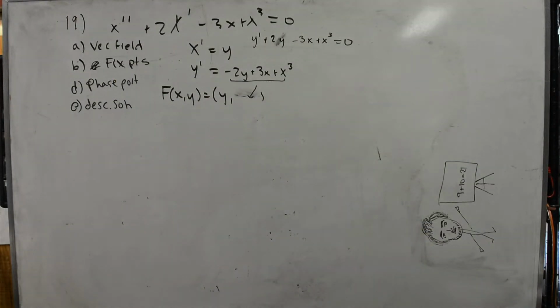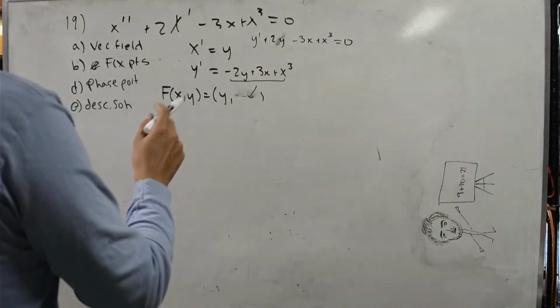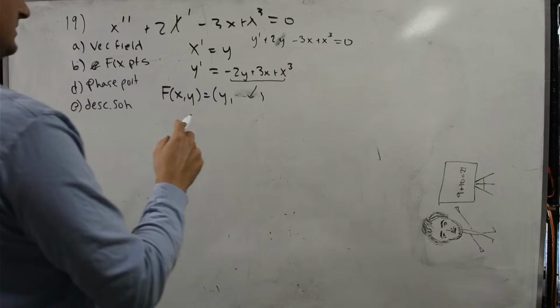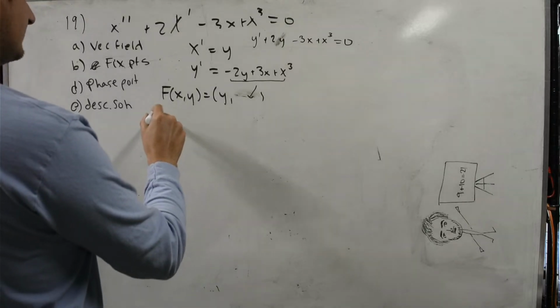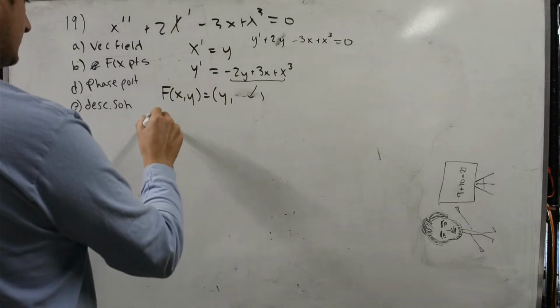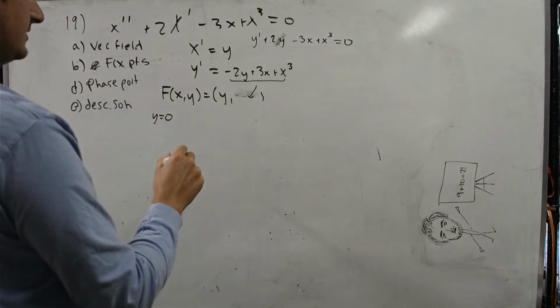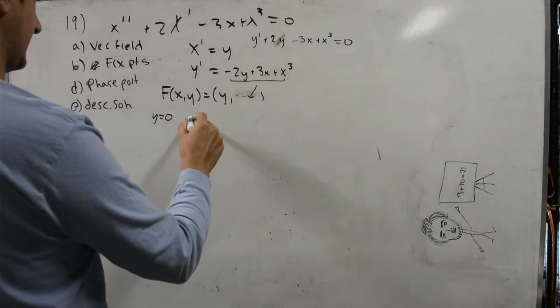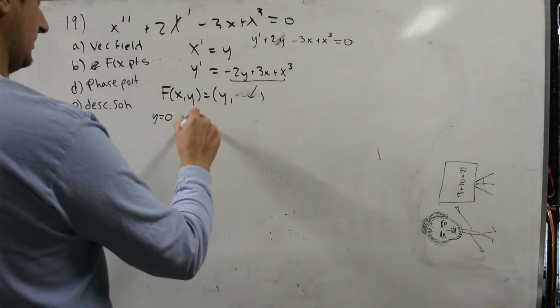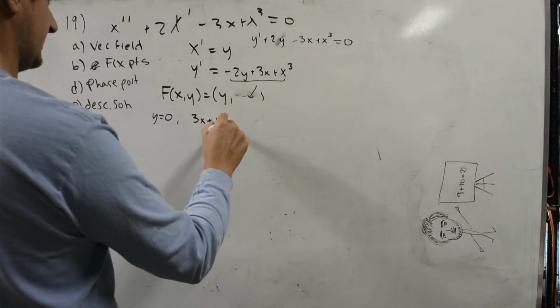Can anyone actually read that? Maybe I should do... All right. So the fixed points. So y needs to be 0, right? No matter what, y needs to be 0. So y equal to 0. That's the only thing. So then we're going to get 3x plus x. Oh wait.